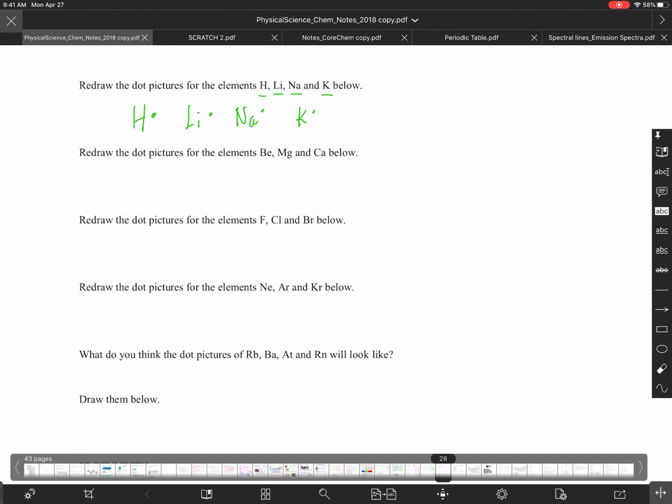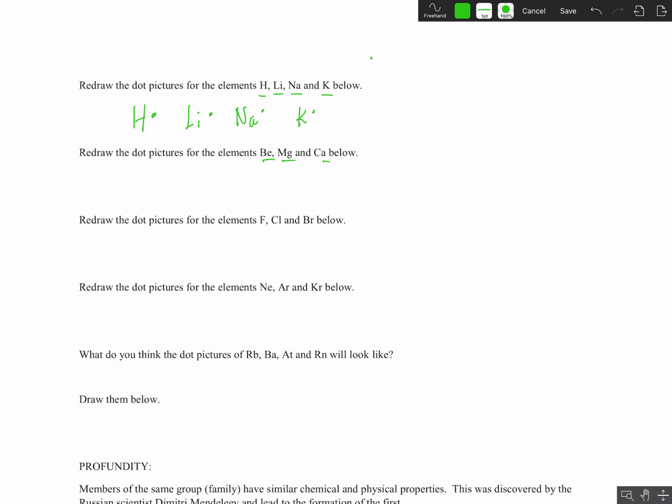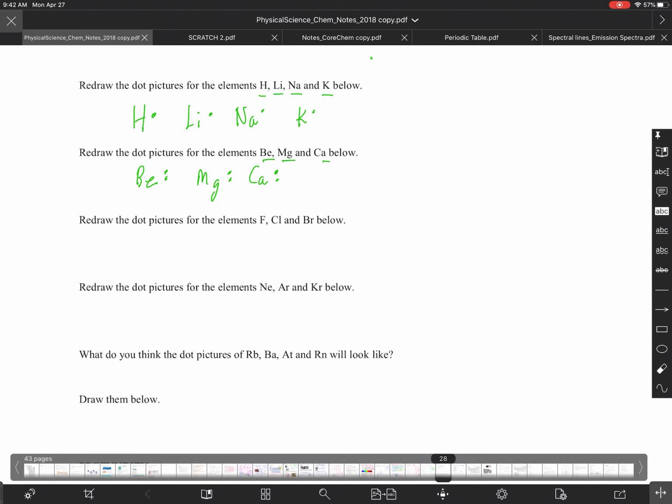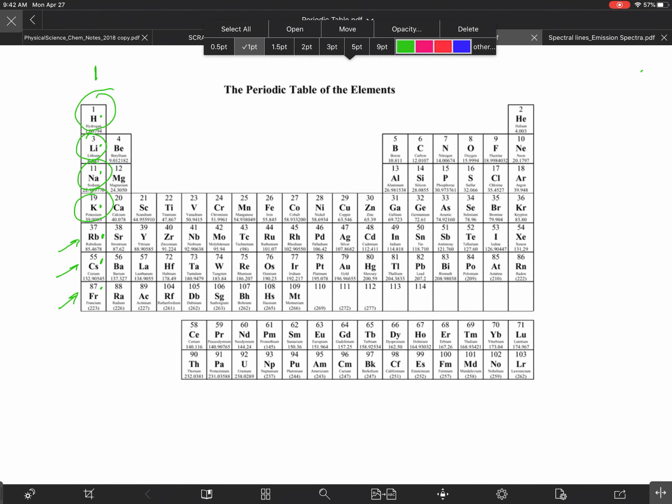Now we have beryllium, magnesium, and calcium. If you look at your dot pictures, beryllium had one pair, magnesium had one pair, and calcium had one pair. Now let's see where they are on the periodic table.